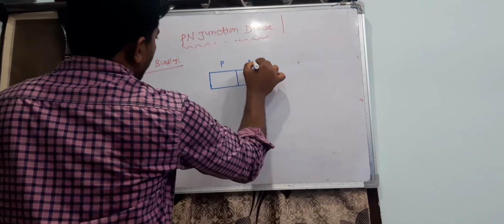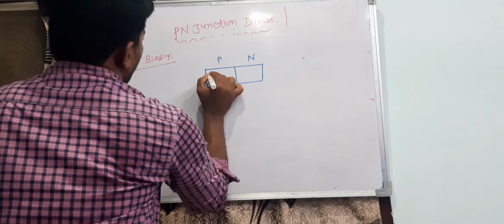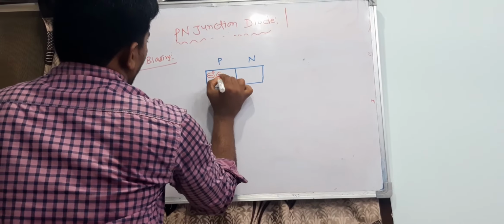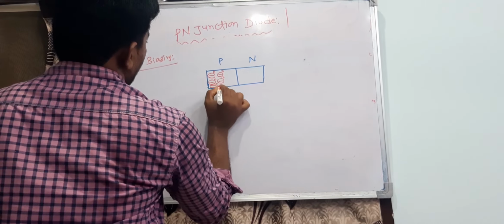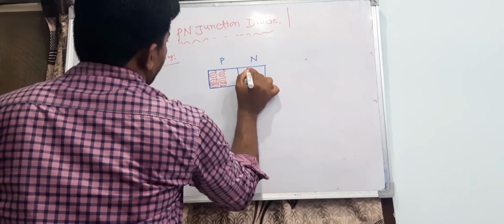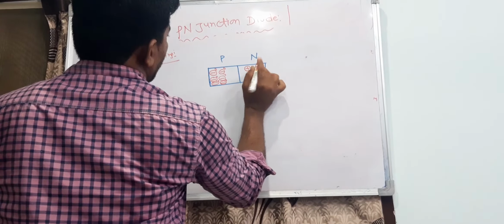Again I am going to draw it here. This is the p-type semiconductor and this is the n-type semiconductor. This p-type has some negative ions and holes. This n-type has some positive ions and electrons.